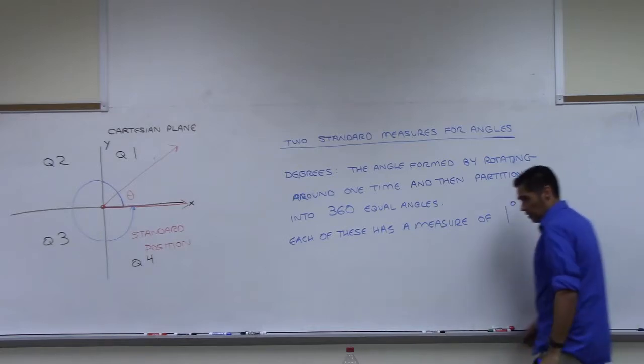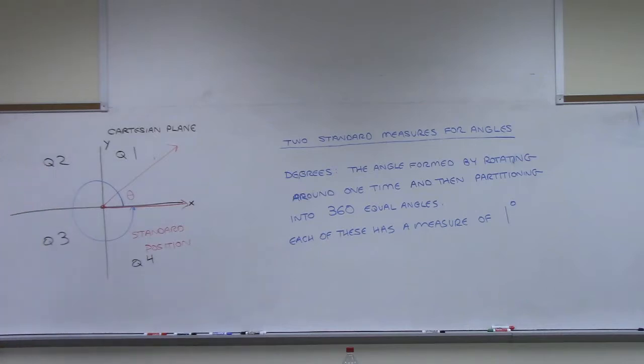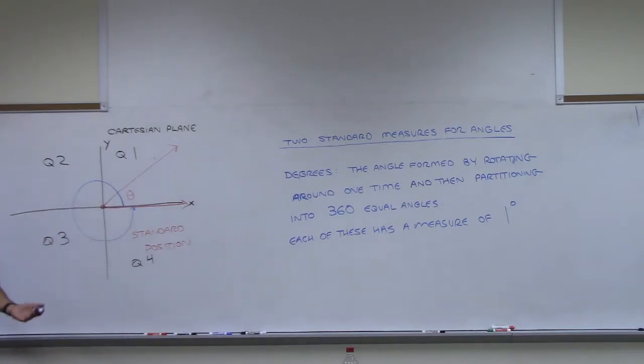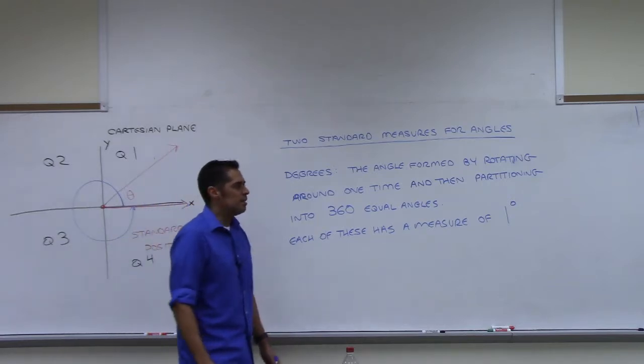And we use that symbol right there, top right little circle. That seems very natural, right? We said, hey, this is the distance all the way around. We just cut it up into 360. Why did they do 360? Why not 100? I mean, why use 360?